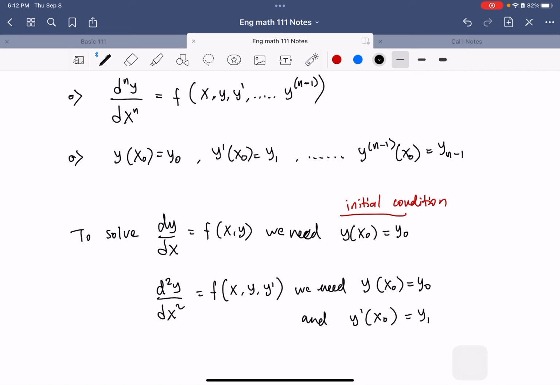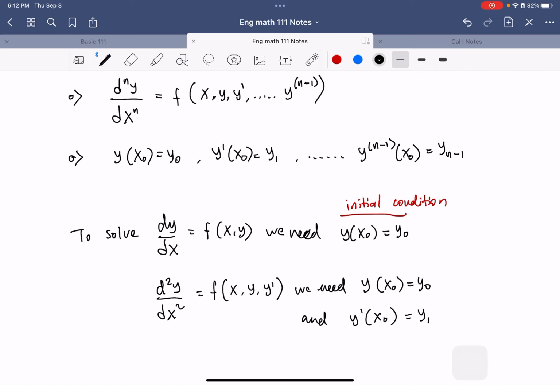If we have dy over dx, the first order, of course we only need one initial condition, and when you compute, you get the number. So that is the answer. When you increase the order, the initial conditions also need to increase. If order 2, we need 2 conditions; if three, three conditions.